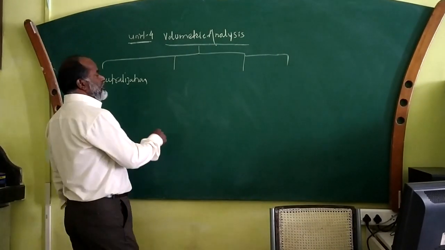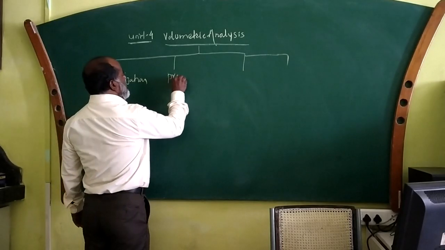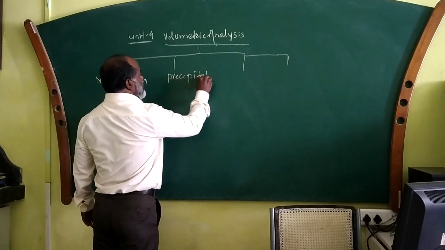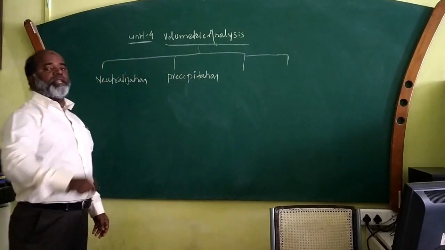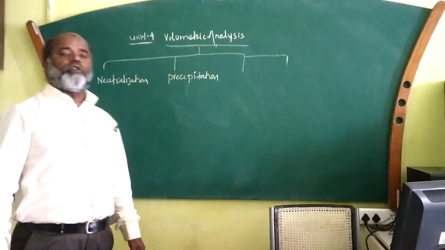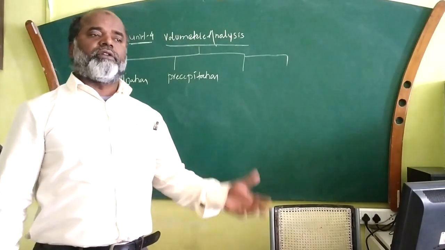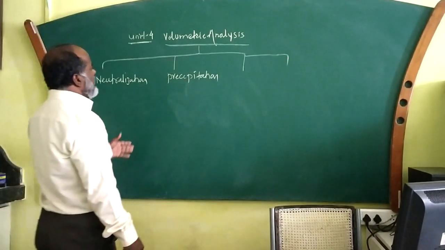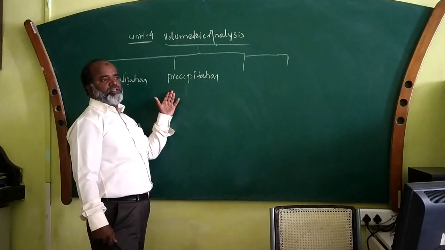The second type is called precipitation titration, meaning there is a formation of precipitate during the course of the estimation, analysis or titration.